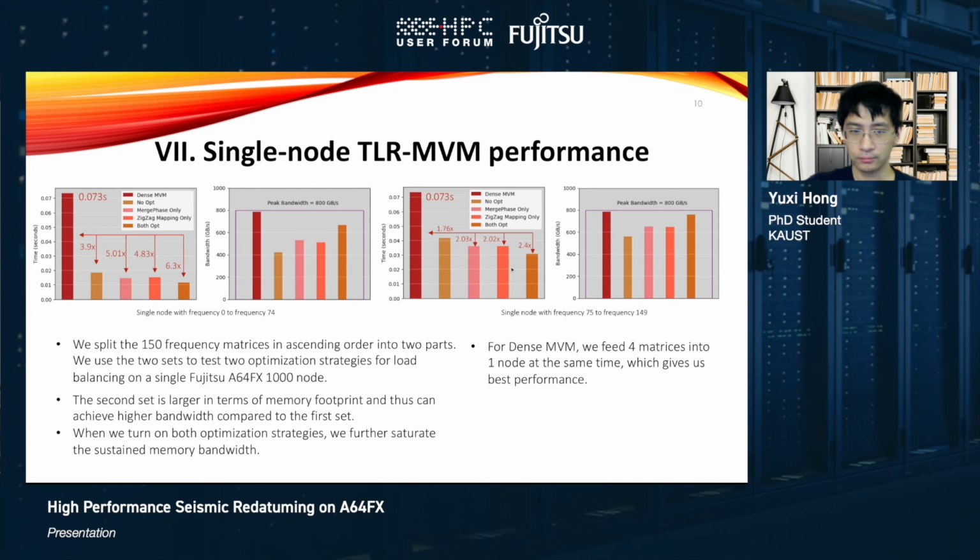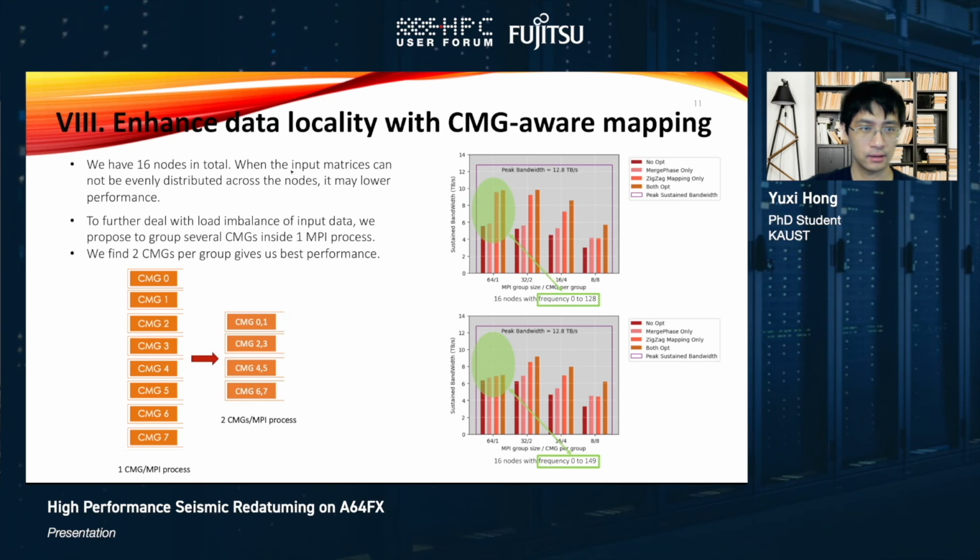Let's look at how we enhance the data locality with the core memory group aware mapping. If you remember, previously we mapped one MPI process to one core memory group, but we have 16 nodes in total. When the input matrices cannot be evenly distributed across the nodes, it may lower the performance.